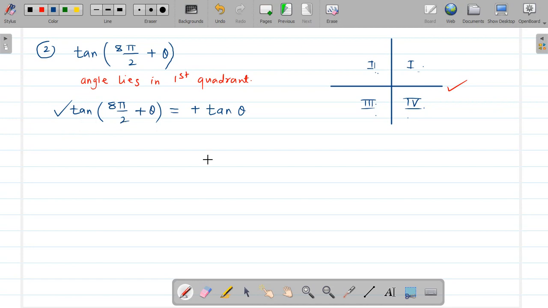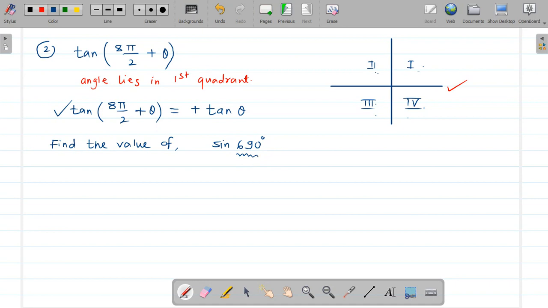Now suppose, for example, see the question, find the value of sine 690 degree. The angle is given here. Now how will you use the allied angle formula to get the value of sine of 690 degree?